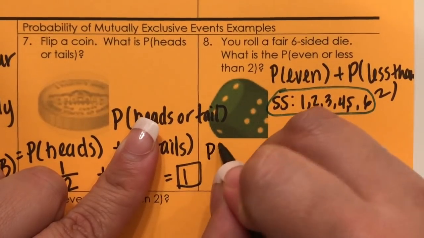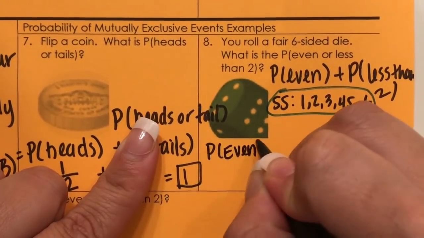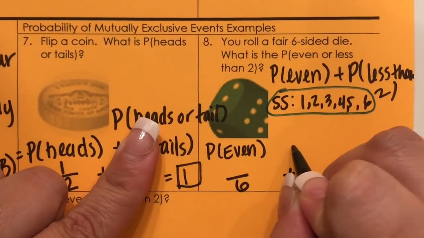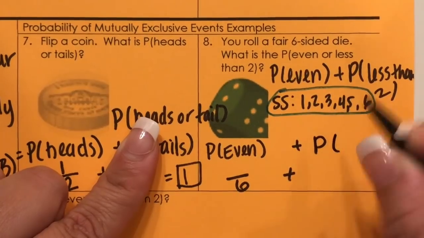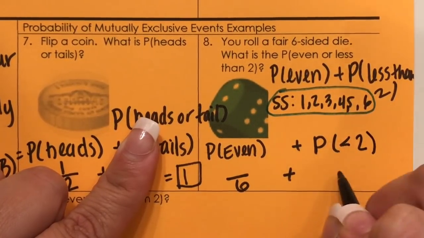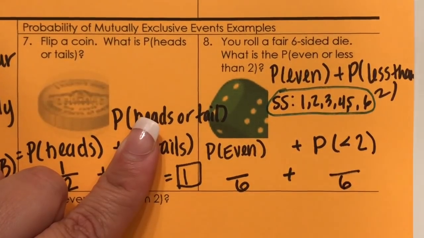So the possibility of even would be some number over 6, plus the possibility of less than 2 would be over 6 as well.